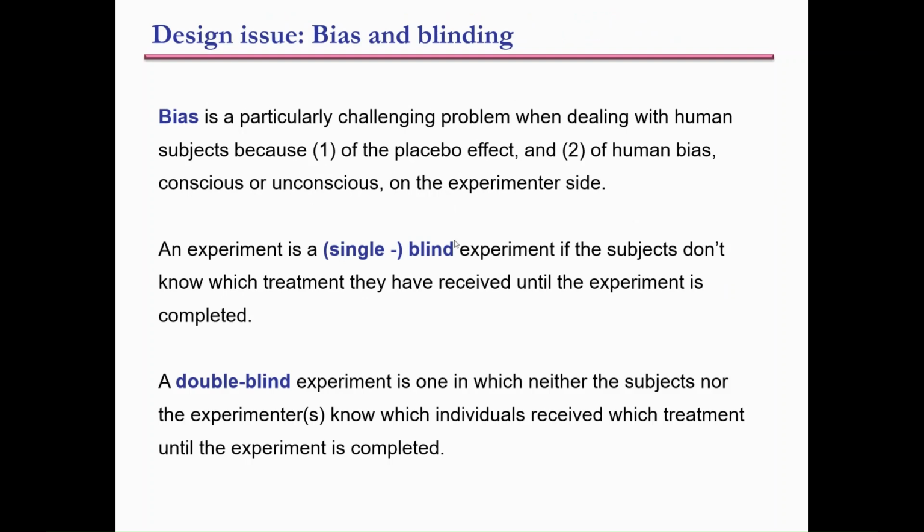That could mess up our results. So sometimes we'll have a double blind study. It doesn't mean that no one knows what treatment these people are receiving. It just means there's some third party keeping track of what subjects received what treatment.